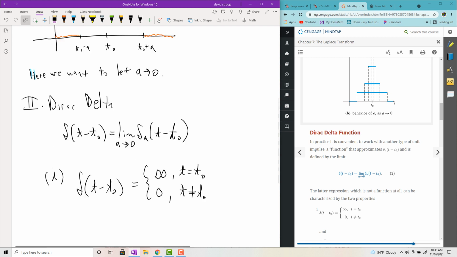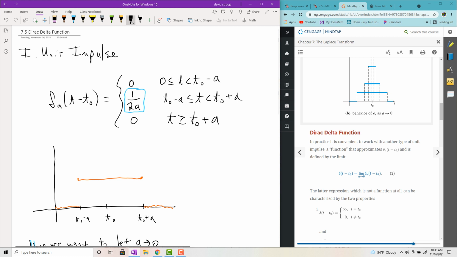The other part of the way we've characterized it is that we want the area underneath this curve to equal 1. Looking at it as a rectangle, the base is going to be 2a: t sub 0 plus a minus t sub 0 minus a gives a plus a, which is 2a.